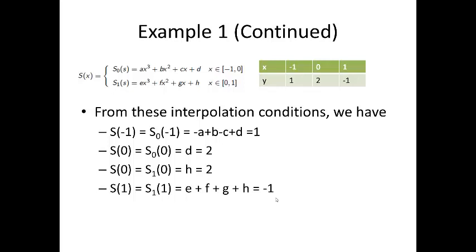Again we get that 1 from the table, and we get the form minus a plus b minus c plus d from the equation there. s of 0 is going to be s0 of 0, which means d is equal to 2 from the table. s0 of 0 is equal to s1 of 0, which is equal to h, which is equal to 2, and s1 of 1 is s1 evaluated at 1, which means e plus f plus g plus h is equal to minus 1.